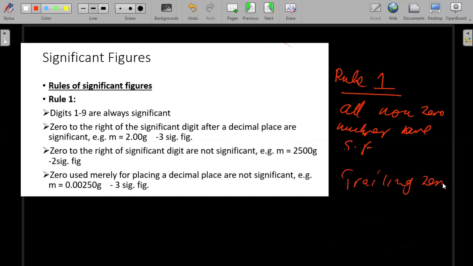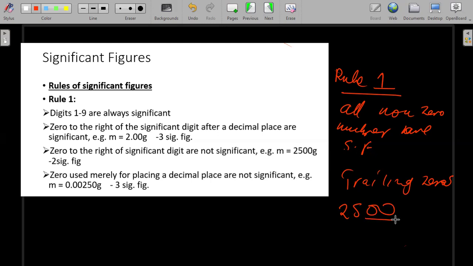Now these trailing zeros, if you have a number which is not having any decimal point in it, and then you have trailing zeros, these zeros are not going to be significant if there's no decimal point. So for example, you get a 2,500, there's no decimal point here.